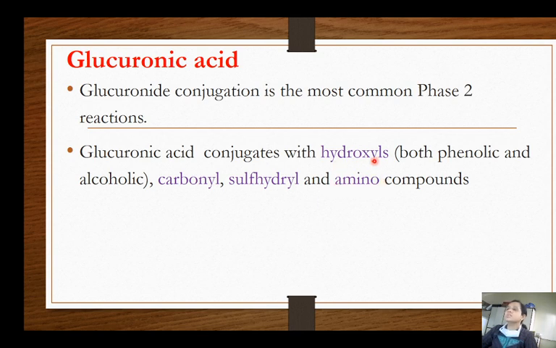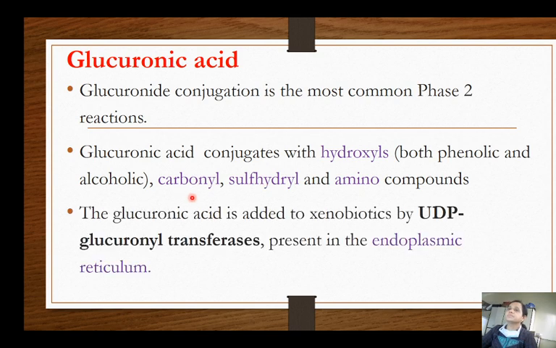So it conjugates with the OH group, C double bond O group, SH group and NH group. The glucuronic acid is added to the xenobiotic by an enzyme called UDP glucuronyl transferase that is present in the endoplasmic reticulum.